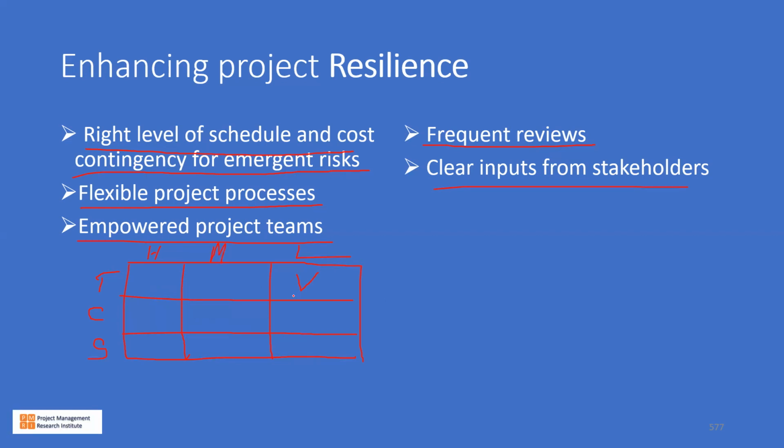Then cost, maybe in this case, cost can sometimes be highly flexible, and scope is moderately flexible. So the moment we have concurrence on this flexibility matrix, this has a direct impact on our risk management decisions as well. So this must be done upfront at the time of project chartering or at the time of project planning itself.